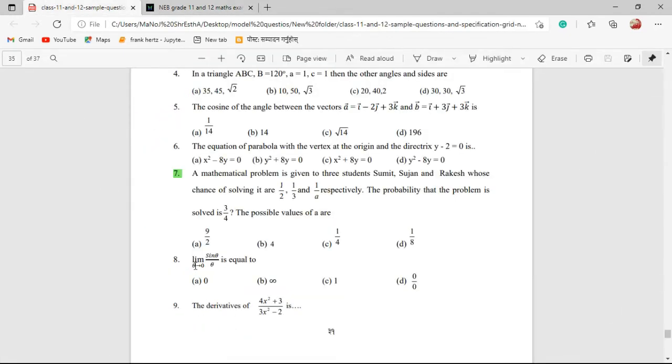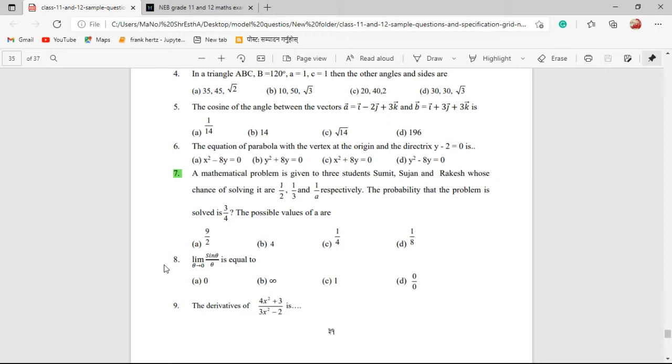Now question number 8. It asks: limit as theta tends to 0 of sin theta divided by theta is equal to what? This is related to limits and continuity or derivatives, or you can also say L'Hospital's rule. You can use it, because we don't need to show the process of solving the problem. We only need the correct answer.